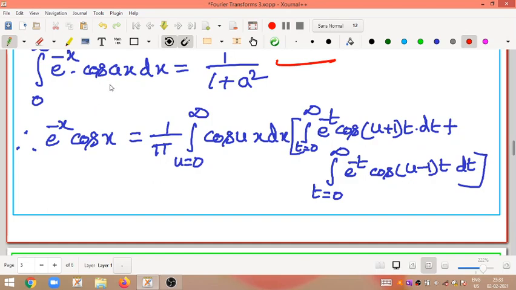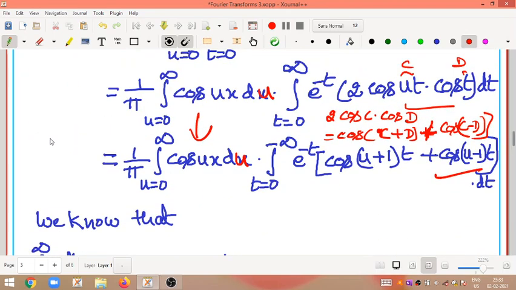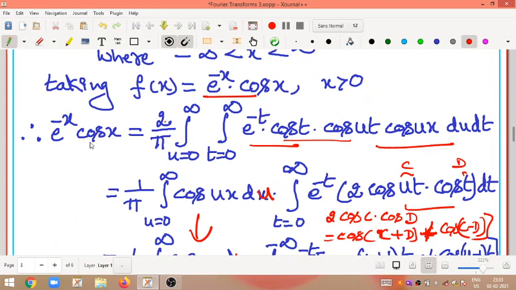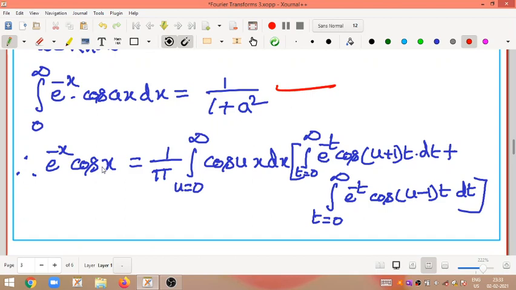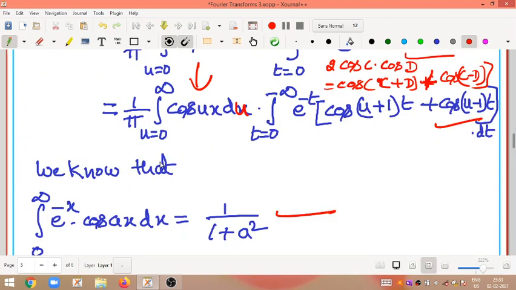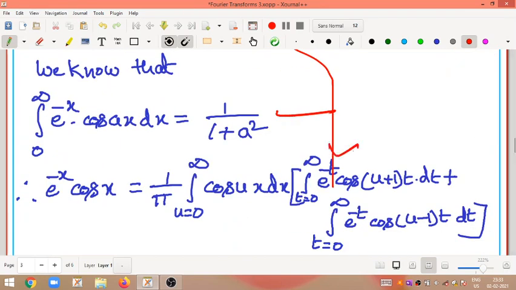Next, this one becomes, therefore this one becomes, how it comes here: e power minus x into cos x is equal to 1 by pi into, in this step we are seeing, in this step.